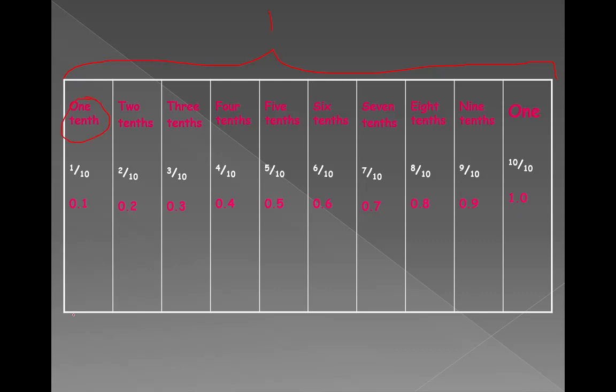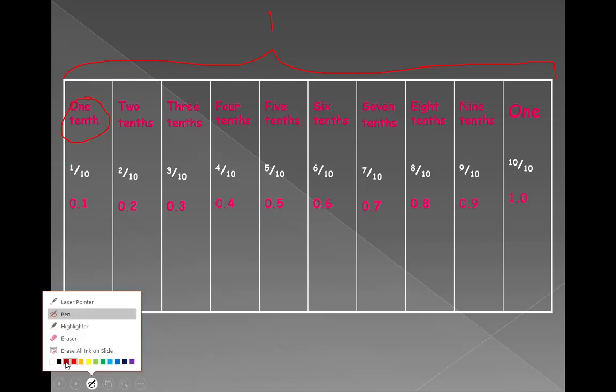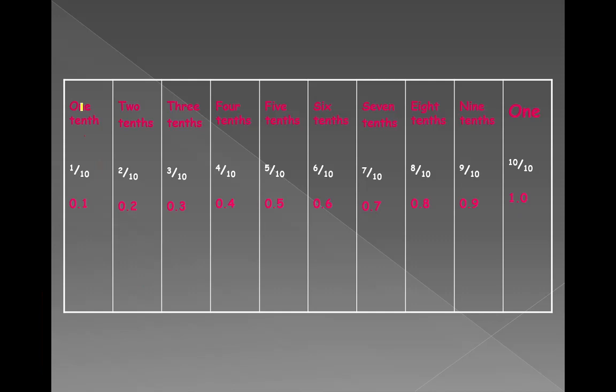Instead, let's use our highlighter. So, 1/10 here is exactly the same as writing 1/10 or writing 0.1. That's how we can say our decimals.